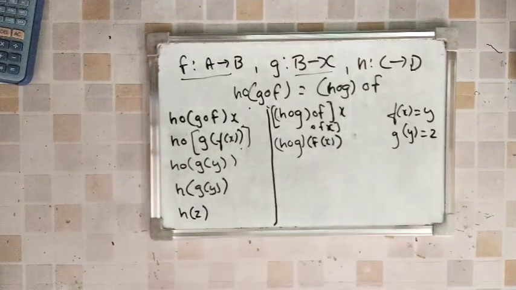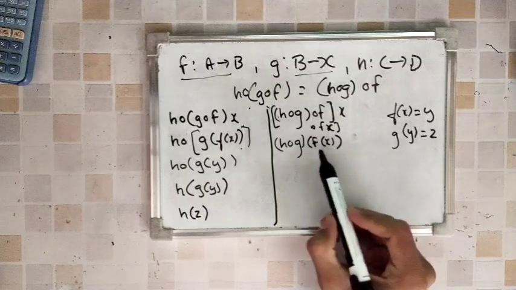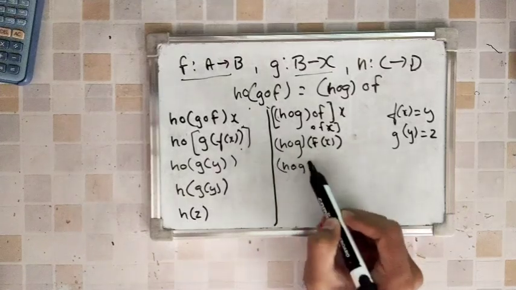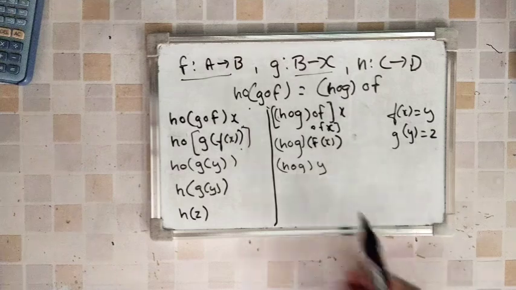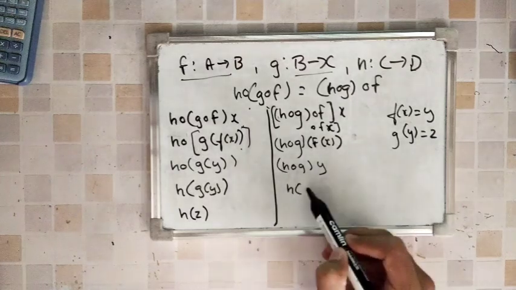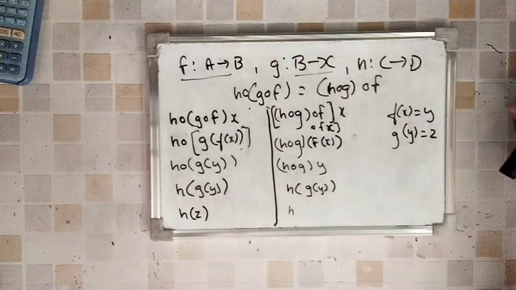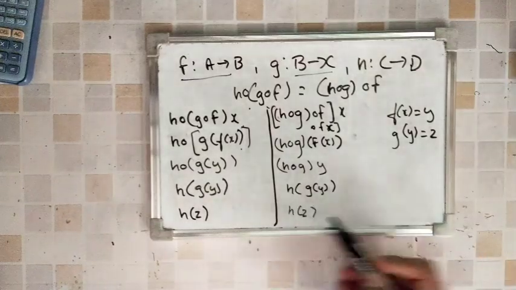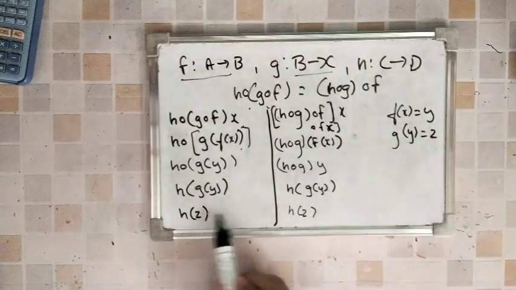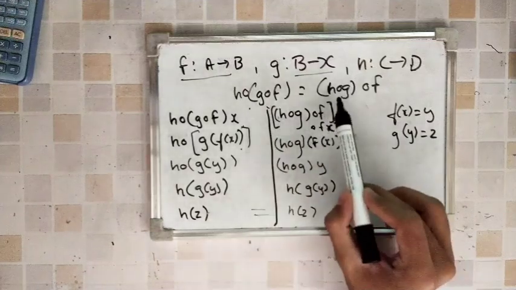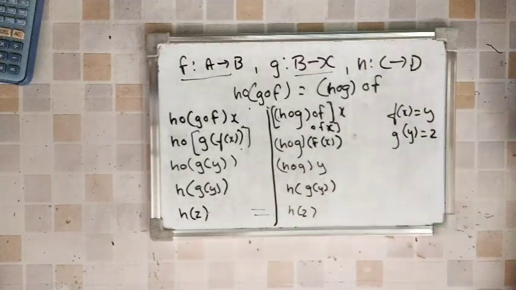Okay. Now what am I doing? I am considering again the same f of x as y, h composition g into y. This thing can be written as h into g of y. Now g of y I will write as h of z. Now see here, this thing is equal to this. Therefore, I can say that h composition g composition f is equal to h composition g whole composition f. That's it for this question.